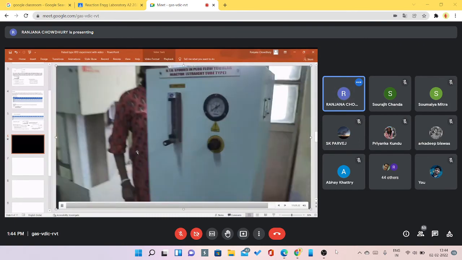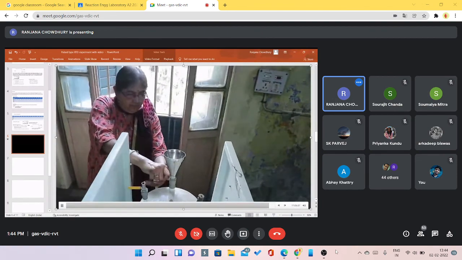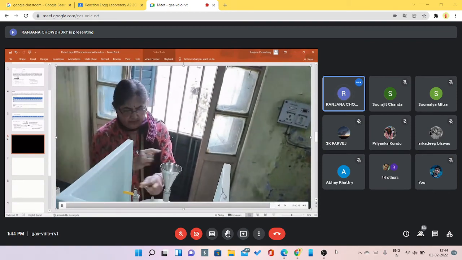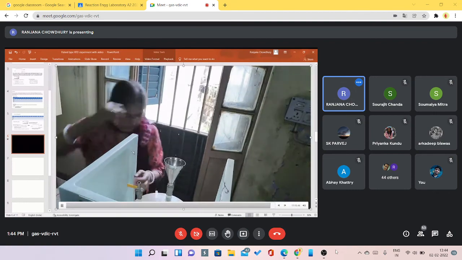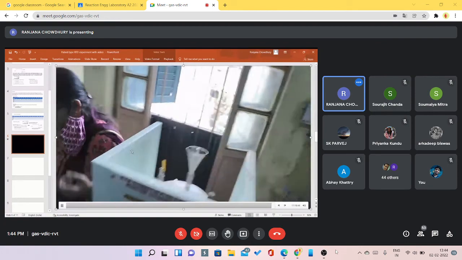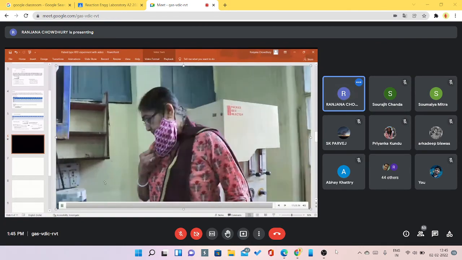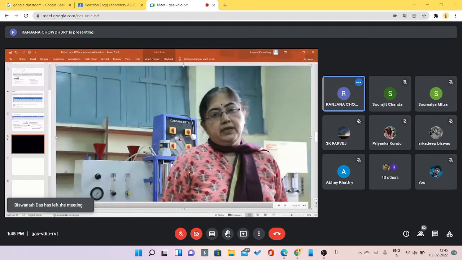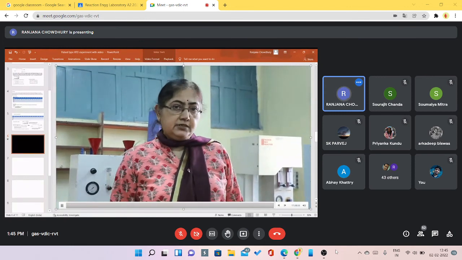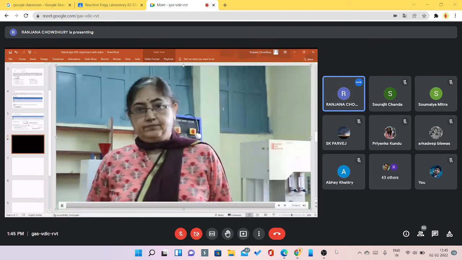Depressurize the tanks, and switch off the compressor. That's all. The experiment will be repeated for 3 flow rates to check the RTD pattern of the reactor: 5, 10, and 15.